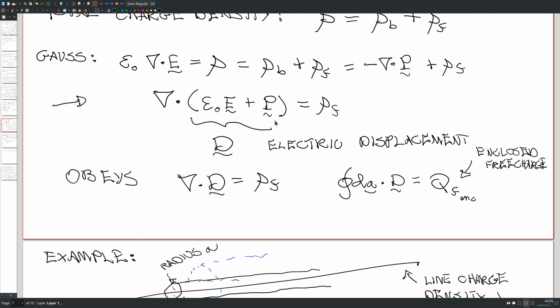Okay? So the polarization is an infinite sequence. In the simplest case, you put an electrical field on a piece of matter. The atoms react to that electrical field. But by reacting, they create their own field, which affects themselves also in how they polarize.